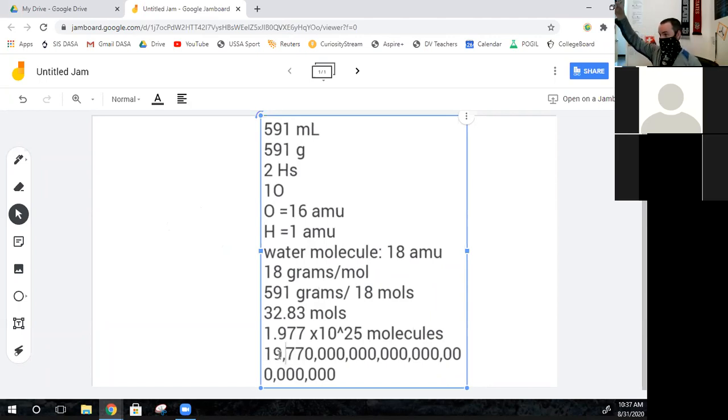So in this water bottle, if I fill it all the way up, we have approximately 19 octillion molecules of water. Isn't that awesome? It's pretty cool stuff. We will do a whole crap ton of that later.